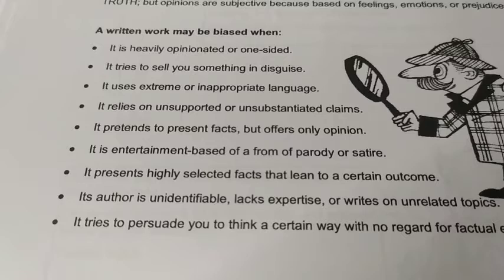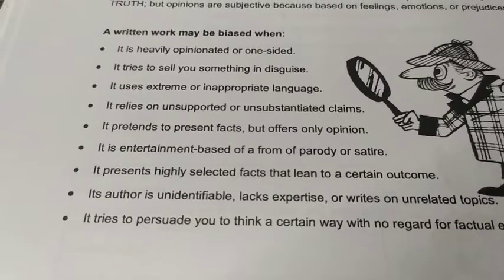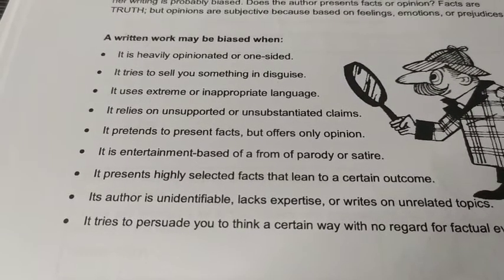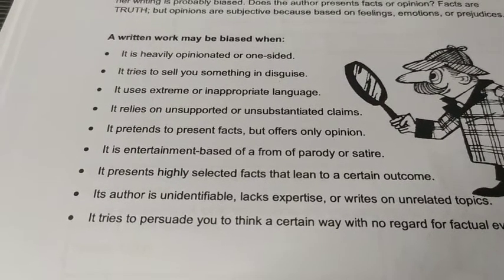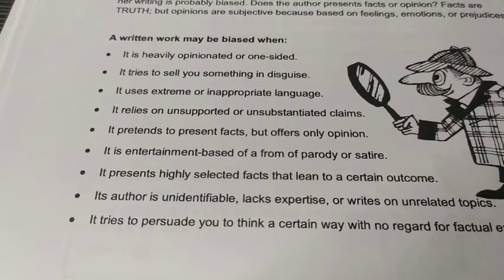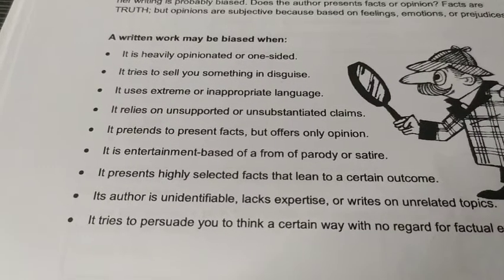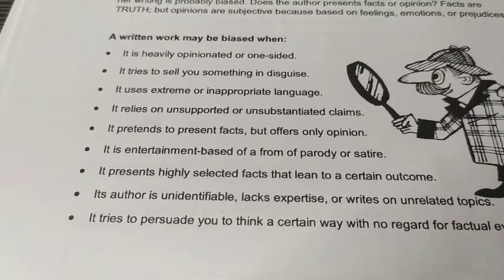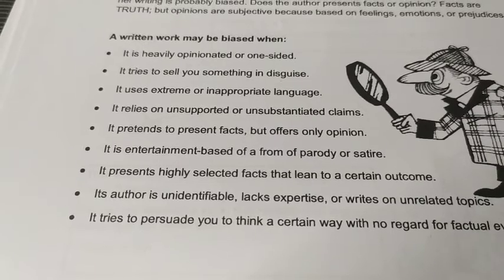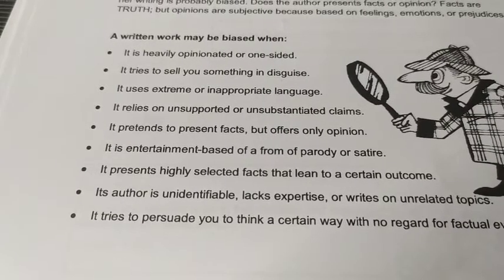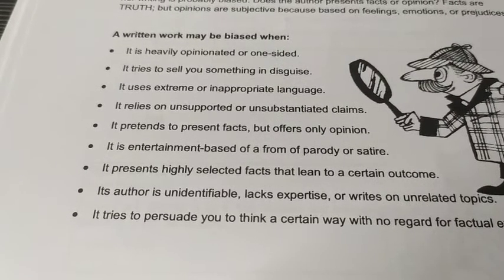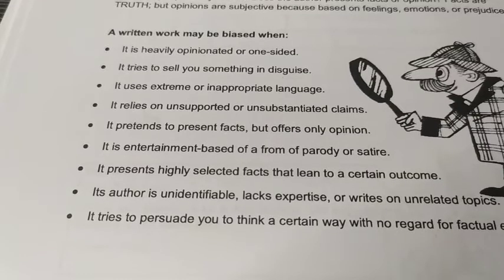So if we can see that those sources where the information came from are not really valid, not really credible, or not really strong, we can also see that it's biased. So it pretends to present facts but offers only opinion.